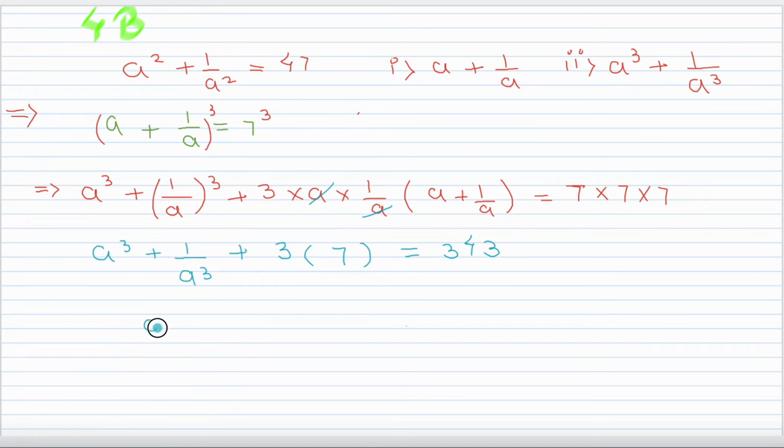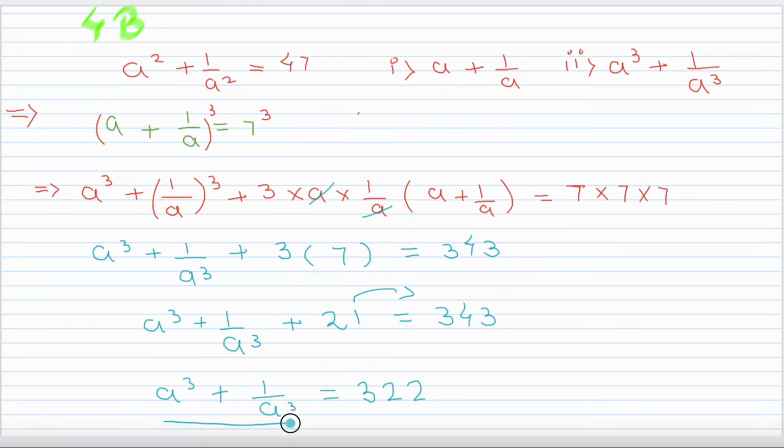Now a cube plus 1 upon a cube plus 3 into 7, 21, is equal to 343. So a cube plus 1 upon a cube is equal to 343 minus 21. So you will get the answer 322. So this is the answer of this question.